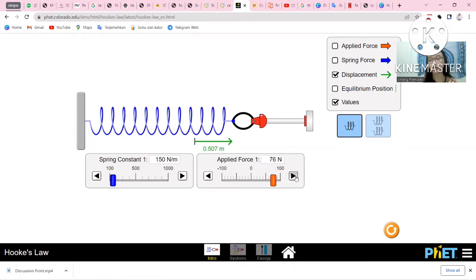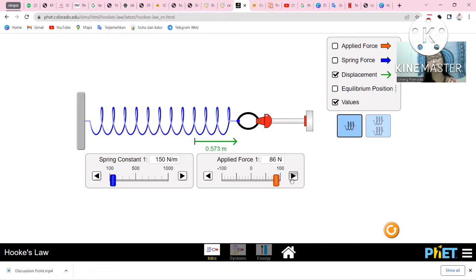And when we add more force, we add 80 Newton, we can see that the value will be larger than before. It is 0.533 meter.